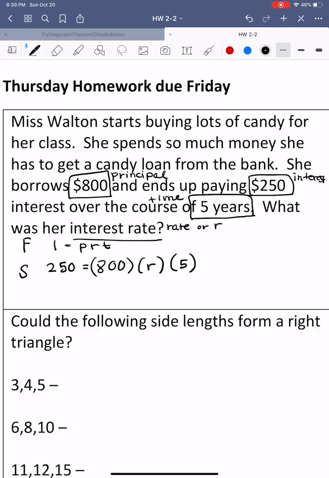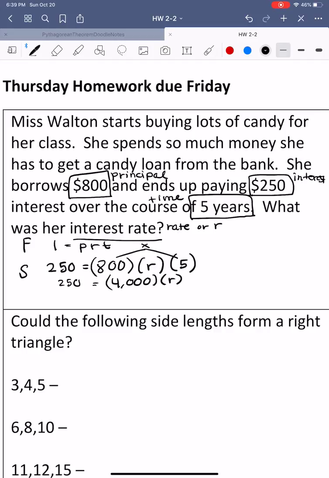So when I see this here, I know that I can multiply these two together. So 800 times 5 is 4,000. So I have 4,000, and then I still have this being multiplied by R, and this equals 250.